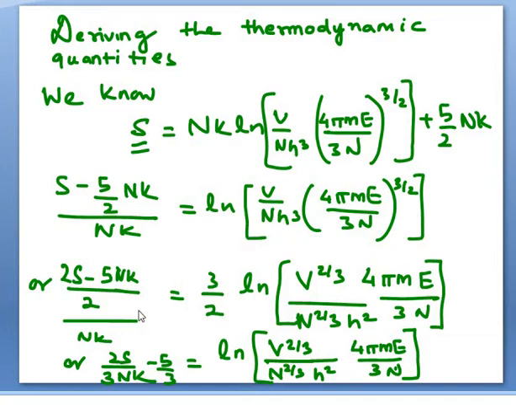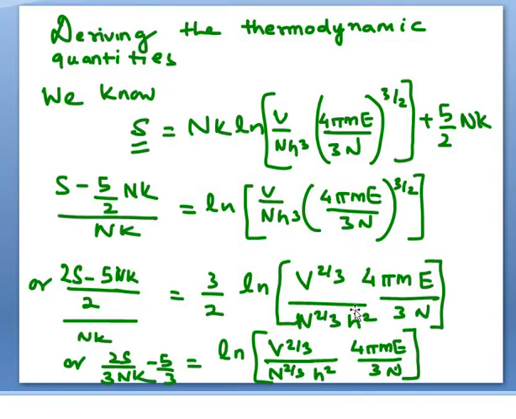Then what we do, this is power. So insert the whole thing inside the power, so that the ln raised to 3 by 2 comes out to be 3 by 2 ln. So v becomes v raised to 2 by 3, because for v to exist inside the power it should be 2 by 3, no? So that 2 by 3 into 3 by 2 is v.